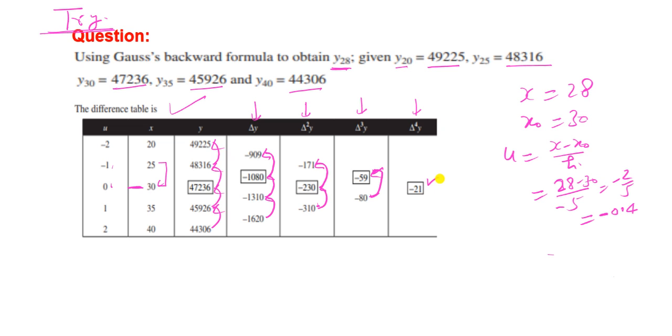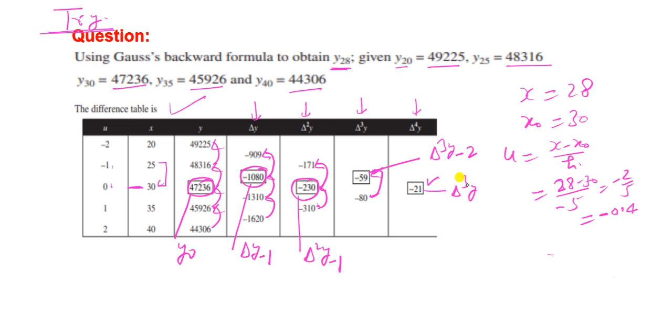Here this value is y naught, this value is del y minus 1, this value is del 2 y minus 1, this value is del cube y minus 2, and this value is del 4 of y minus 2.